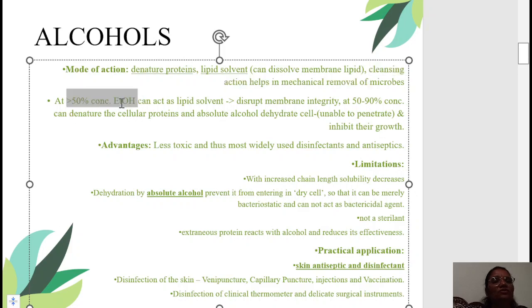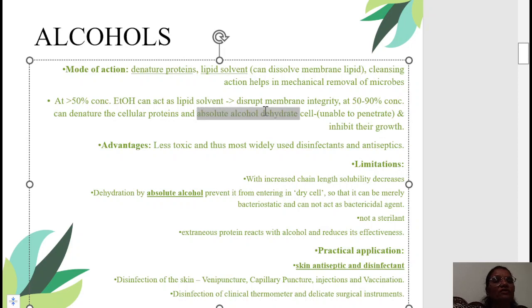So what is the concentration found to be effective? For ethanol, it is observed that greater than 50% concentration is effective as a lipid solvent, helping to disintegrate the cell membrane. At concentrations greater than 50 and up to 90%, it can denature protein. So a higher concentration will be required when it acts as a protein denaturant.